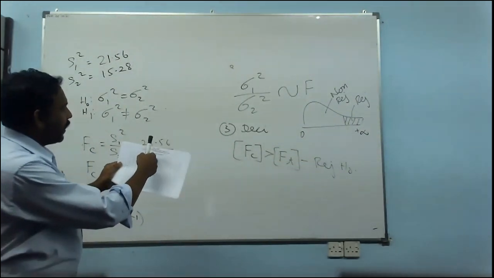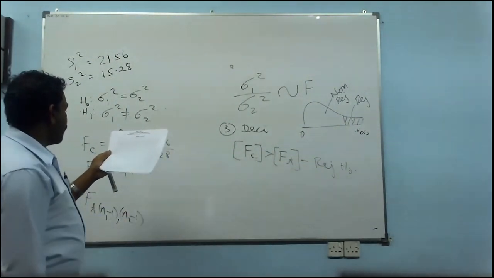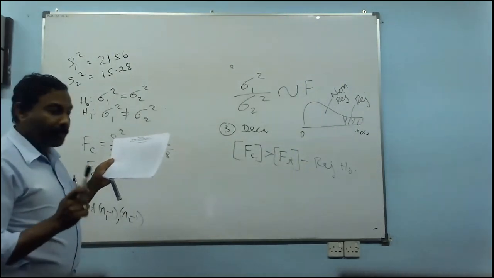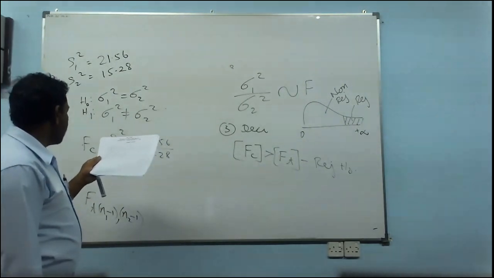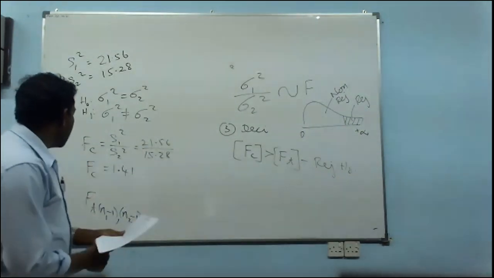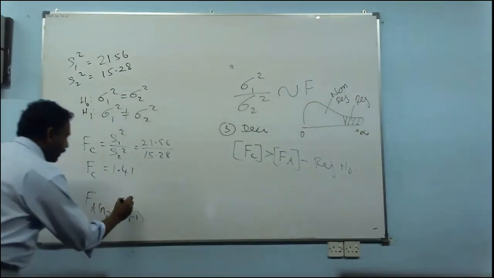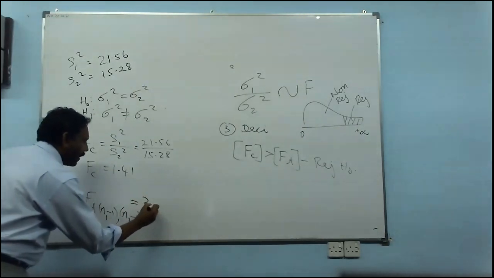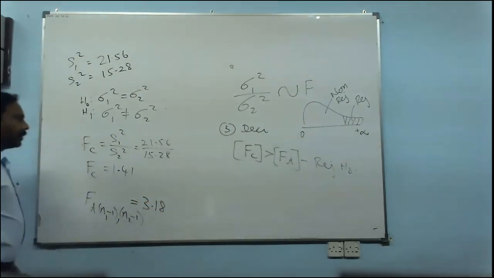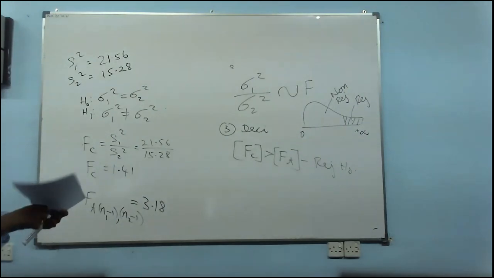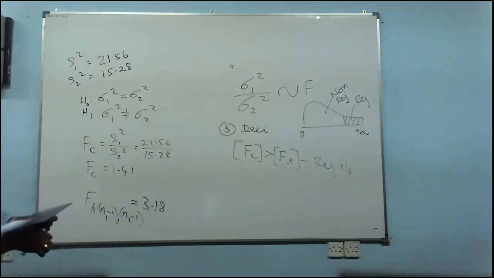So look at the value for 9 and 9 for alpha 0.05. What is the answer? 3.18. So this is my table value. Right. Let's go to the decision making process.